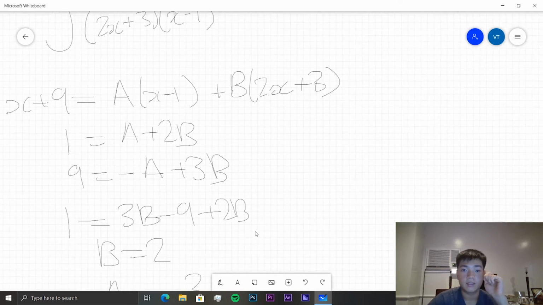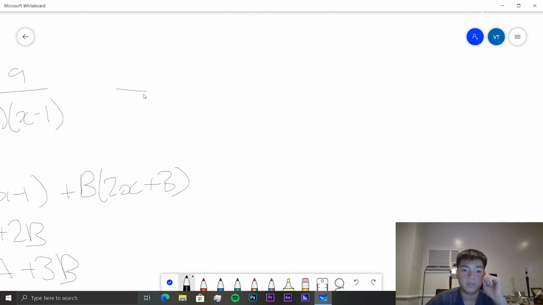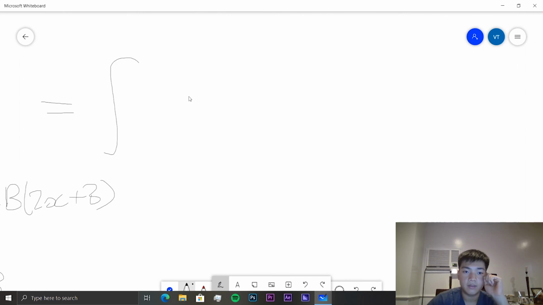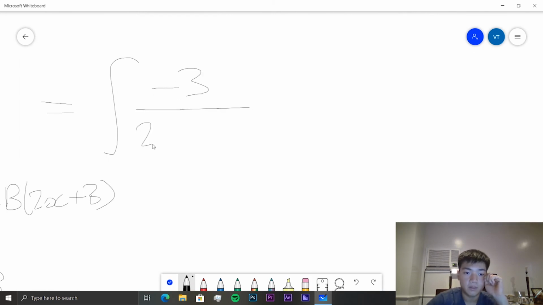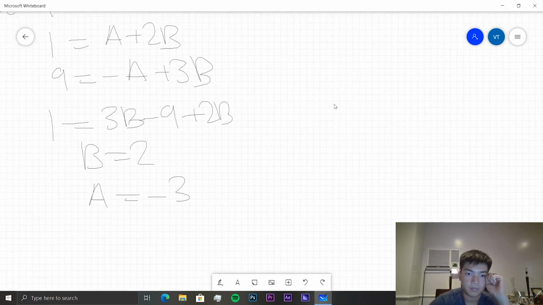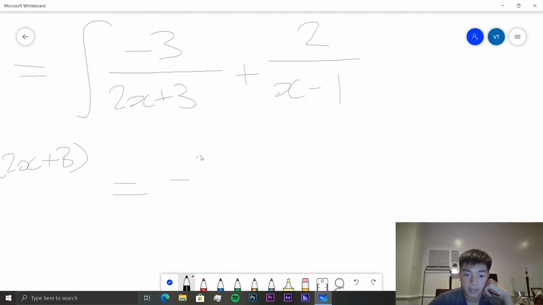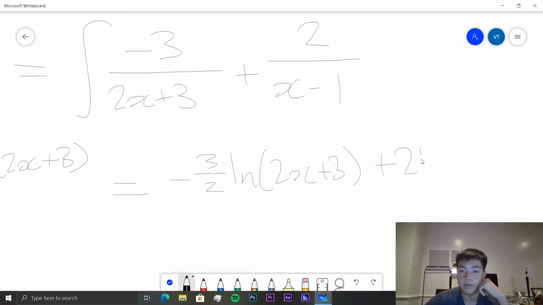So this is equal to the integral of −3 over (2x + 3) plus 2 over (x − 1), which is equal to −3/2 ln|2x + 3| plus 2 ln|x − 1| plus c.